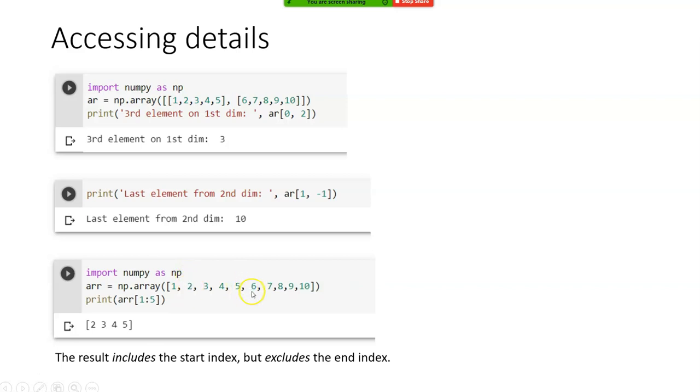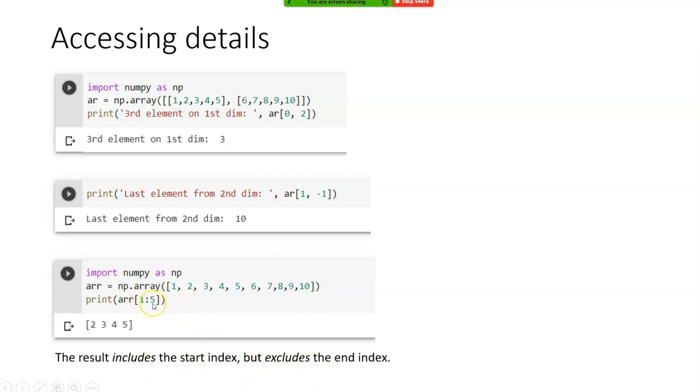Can you tell me why 6 has been left out? Because that's the way arrays are accessed. Normally the result will include the start index but exclude the end index, similar to what we saw in arrays. Right? So the concept is the same. Do you all remember that? When we created list, tuple, and all that, the same aspect applies.